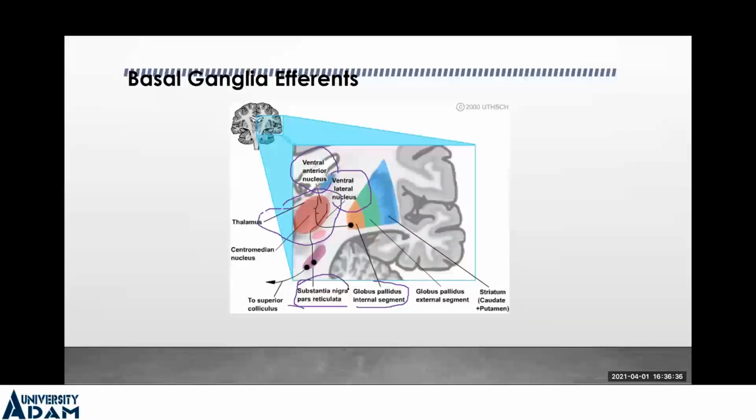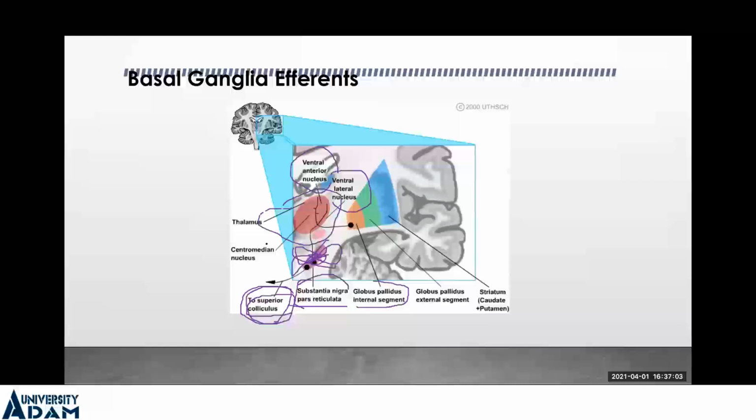Okay, and the substantia nigra projects to the superior colliculus, as I told you before, which is involved in eye movement. So because the substantia nigra is involved in eye movement, a lesion of the substantia nigra in Parkinson syndrome, we will talk about that again, will play a role in the movement of the eye, because eye movements will be decreased, very, very slow.